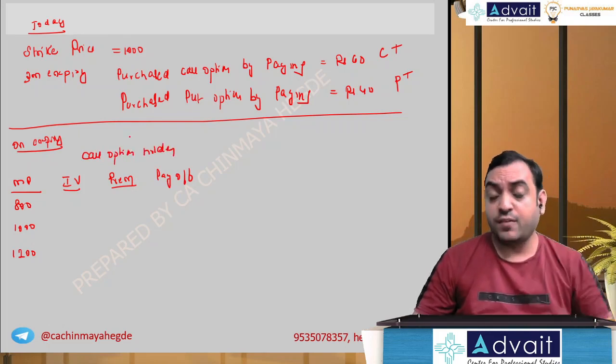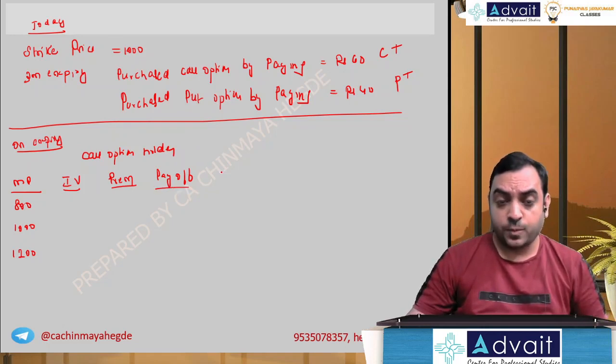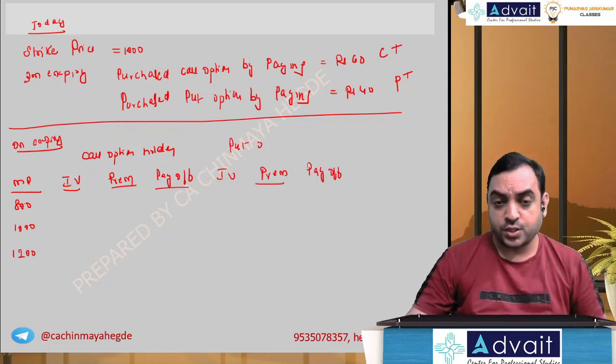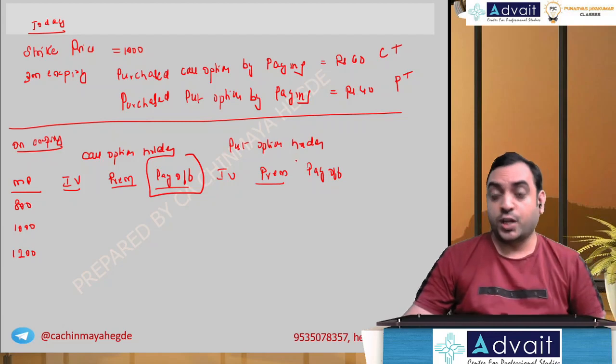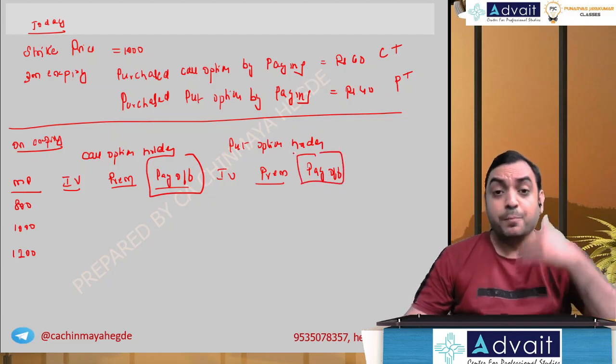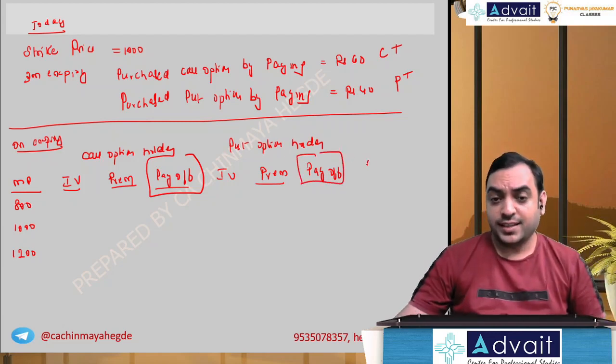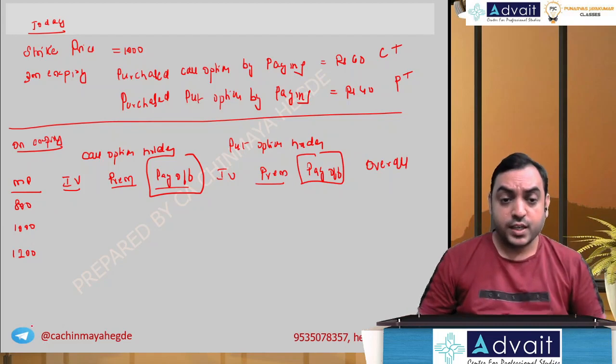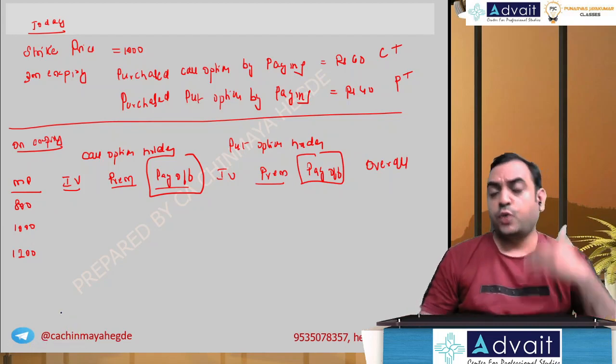And you also are a put option holder, so I repeat these columns: intrinsic value, premium, and payoff. This is for being the put option holder. So we have one payoff for the call option holder position, one payoff for the put option holder position. Then we are going to have the overall position.